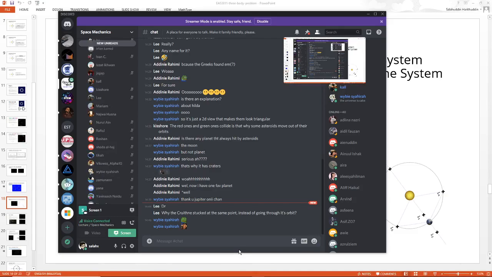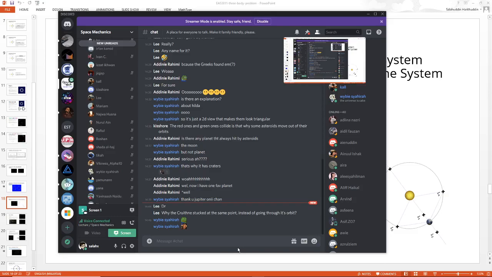Doctor, why is Cruithne stuck at the same point instead of going through its orbit? Well, it's not stuck at the same point. It is in its orbit. In a three-body system, you can see it's following a horseshoe orbit.